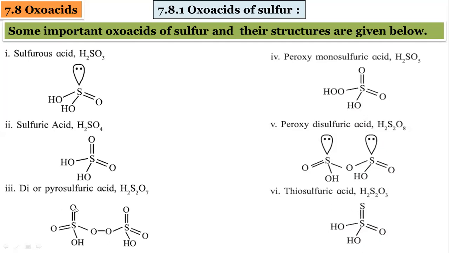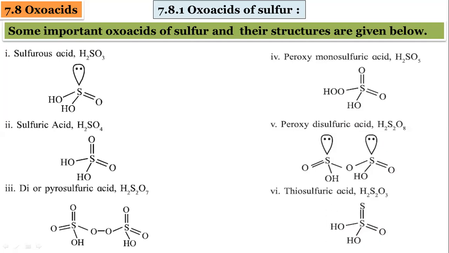See 1, 2, 3, 4, 5. H2S2O7. 1, 2, 3, 4, 5, 6, 7, 8. One mistake is there in the structure. This is wrongly drawn.